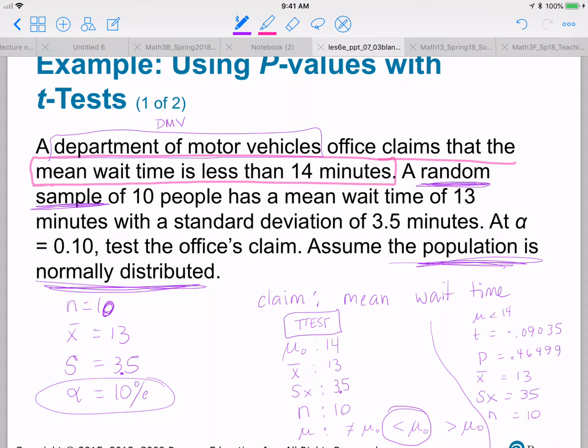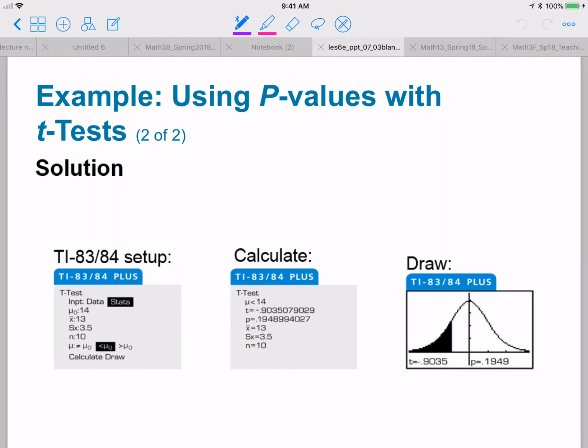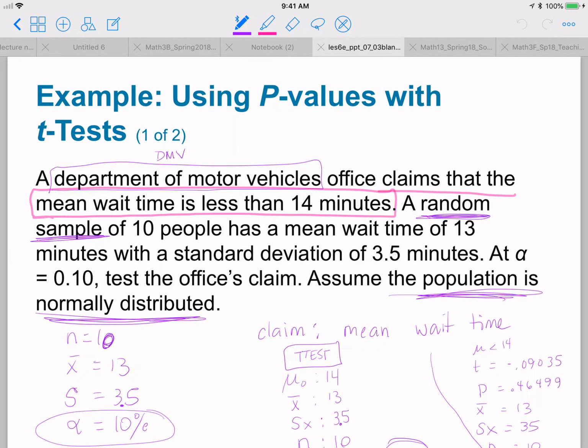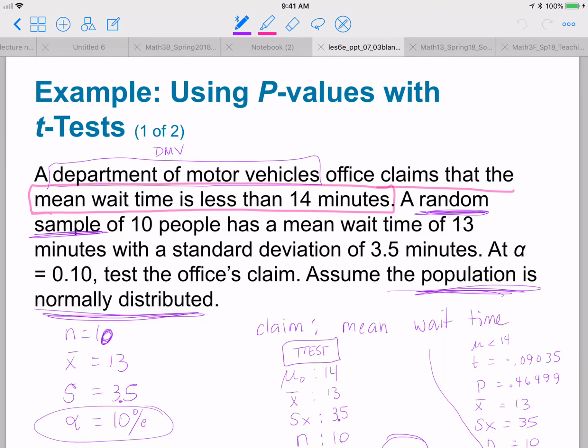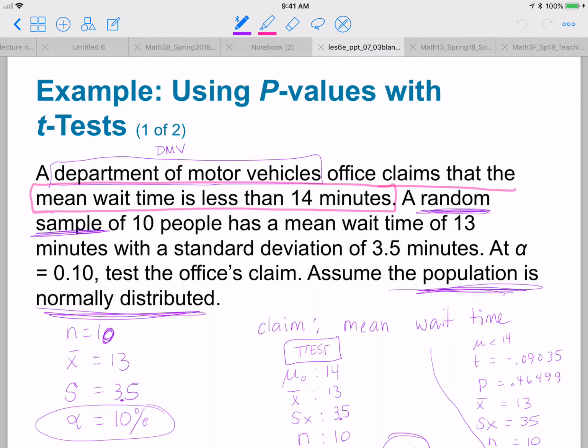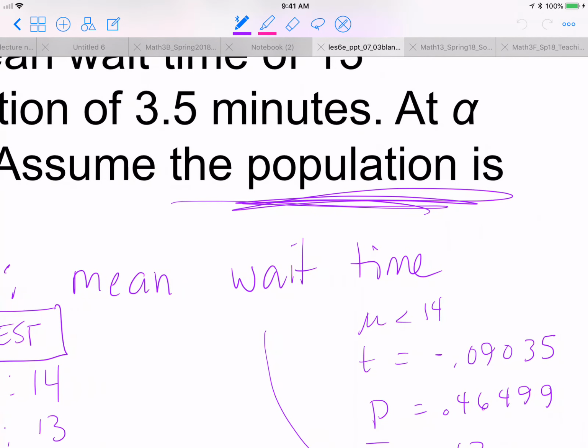If you say what's the probability of getting something is 49%, that's a very high p-value. So now let's try to redo it. Calculate. Okay, my test statistic is negative 0.9035.